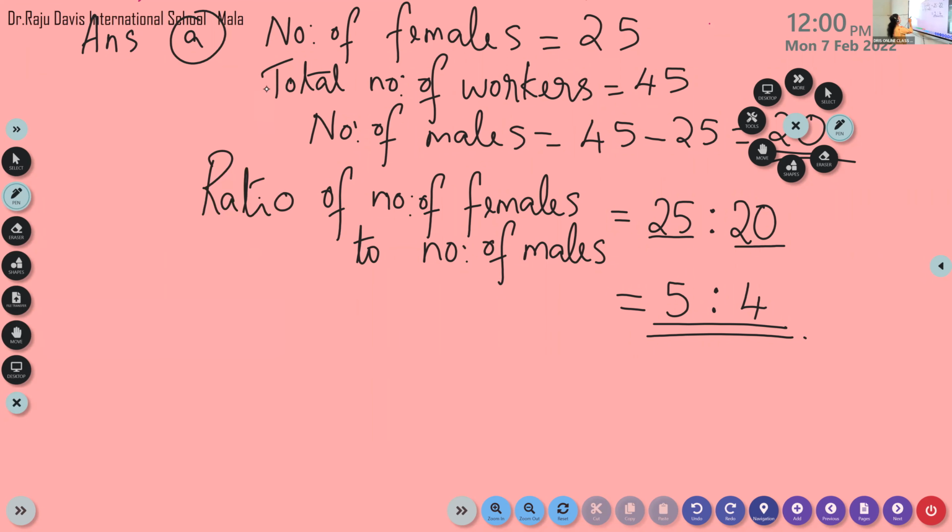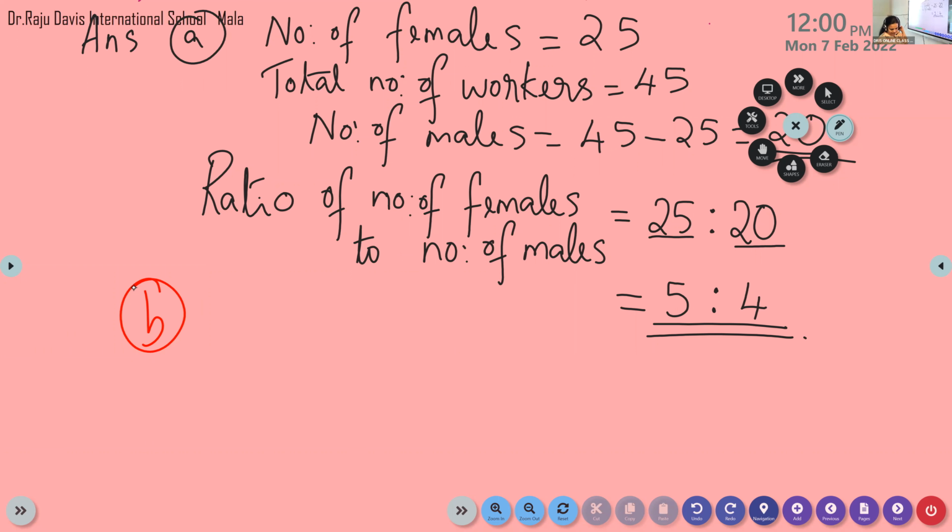Okay. So question number B, what is the step we had to write here? Ratio of number of males to number of females. Look at the question and write the step accordingly. Males come here first.